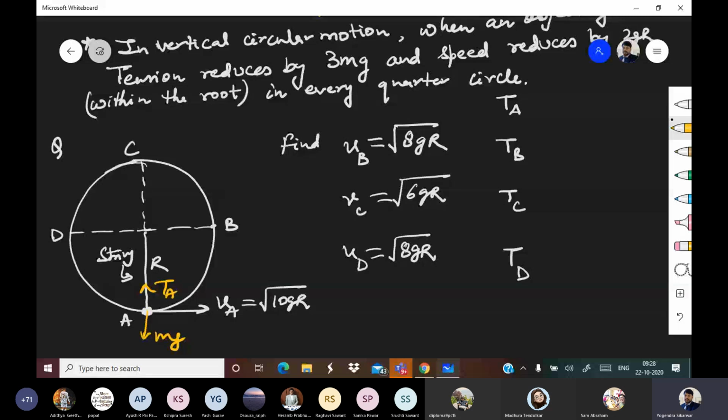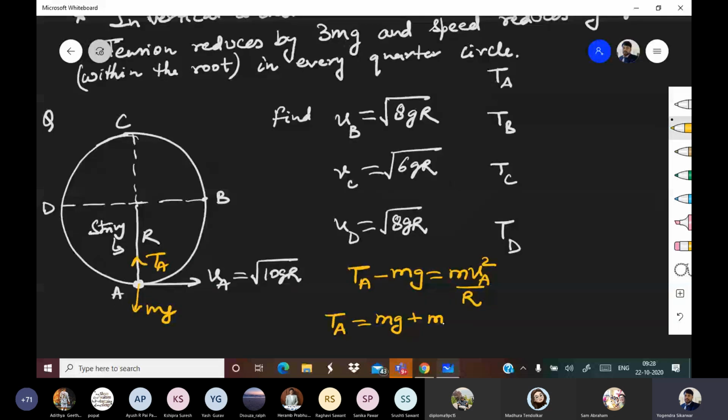F resultant is equal to mass into acceleration. So that will give us TA is equal to mg plus mVA square by r, and that gives us TA is equal to 11 mg.